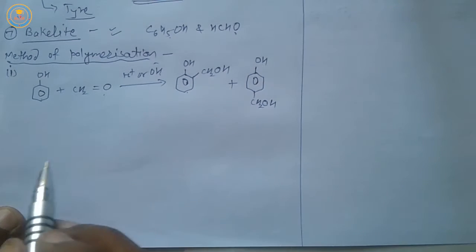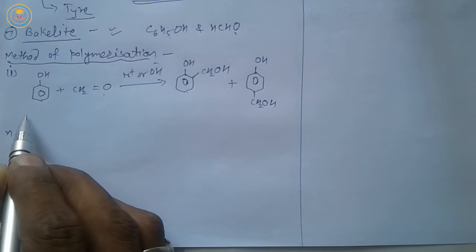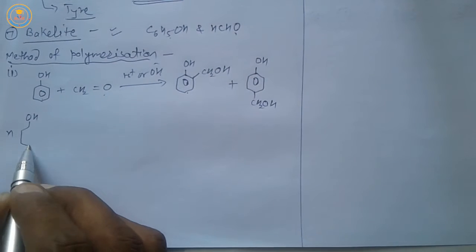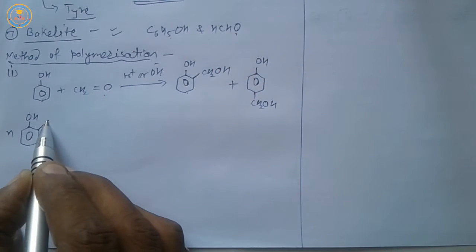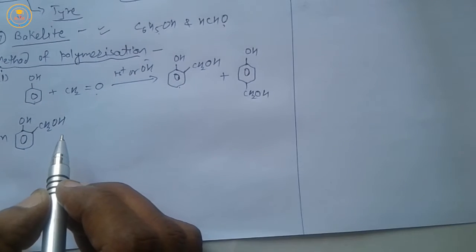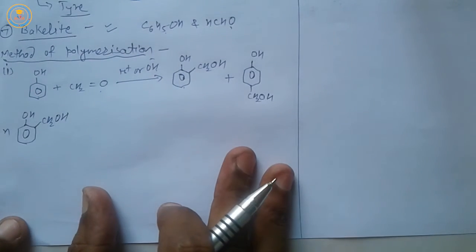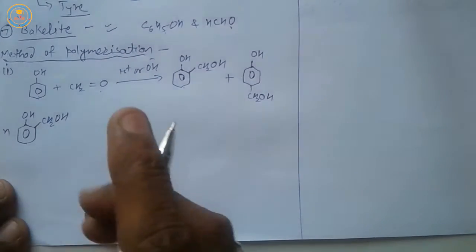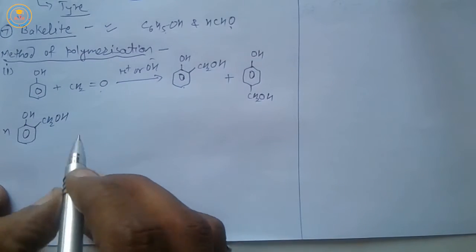It is called Novolac. So, a unit of ortho hydroxybenzyl alcohol condenses to form a linear polymer which is called Novolac.